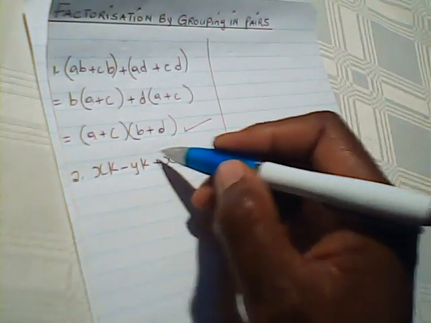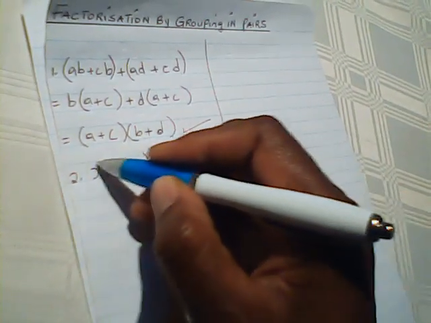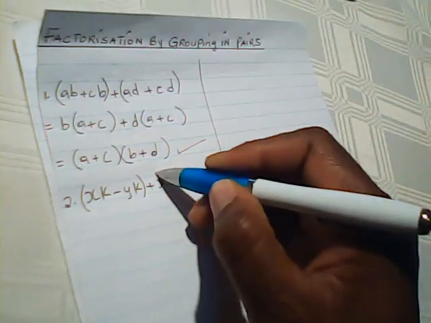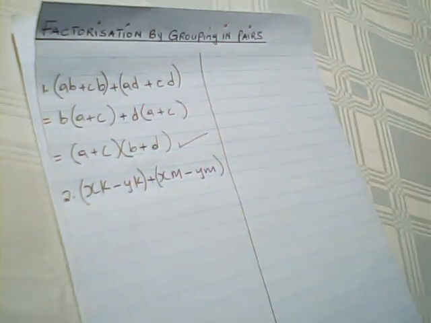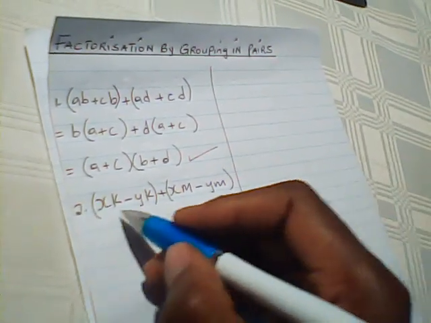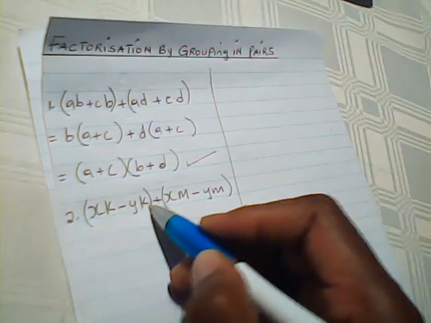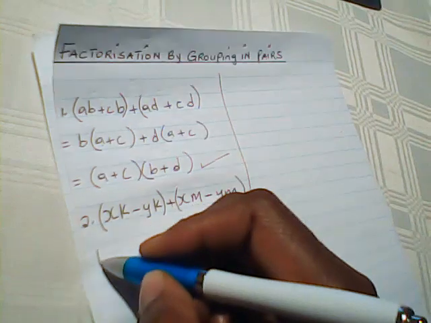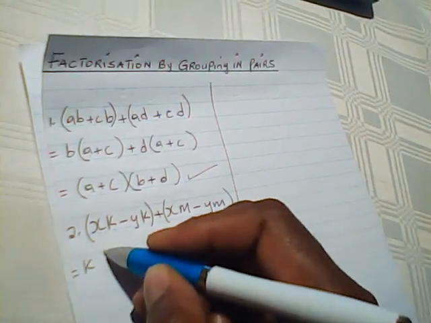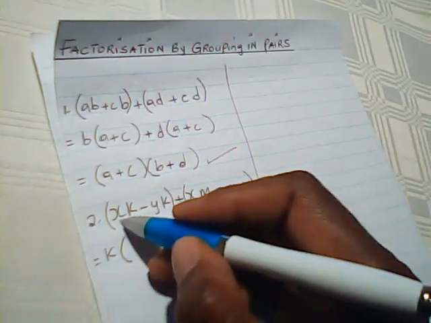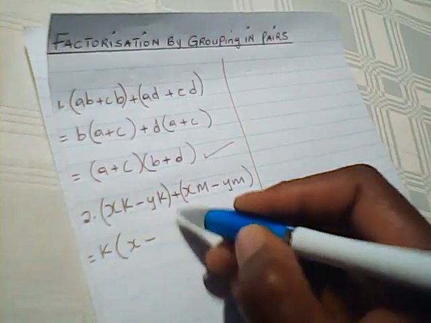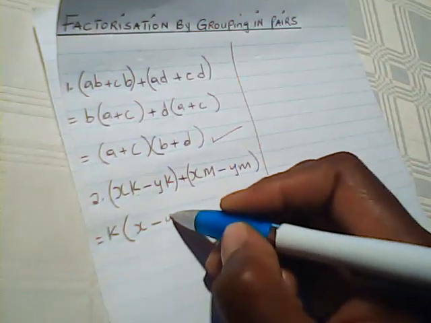To do the same thing, you divide them into pairs. Take out the common factor here. xk minus yk. What is common is k. Take k out. You are left here with x. You are left here with y.